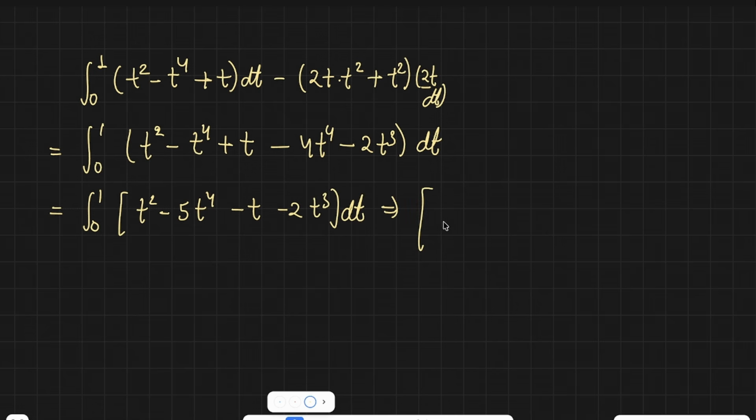Now you simply apply this limit, so it is t cubed by 3 minus 5t to the power 5 by 5 minus t squared by 2, minus 2 into t to the power 4 by 4, and the limit is from 0 to 1.